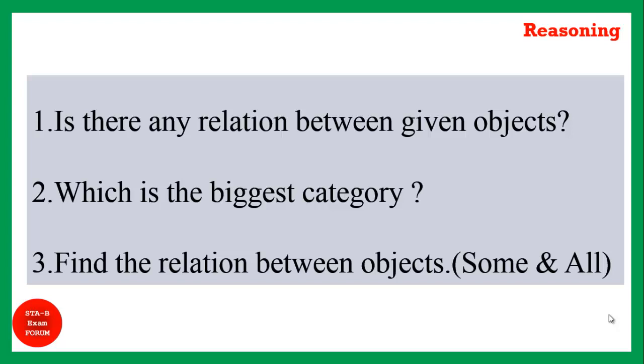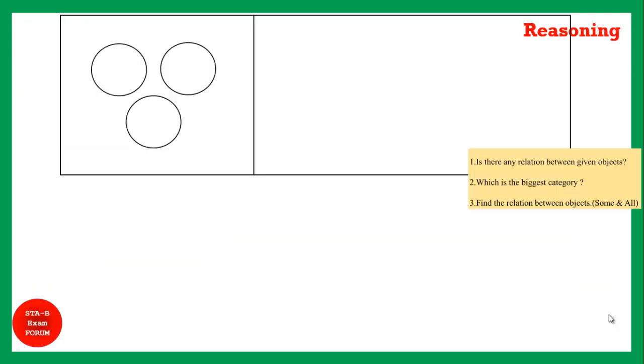After that, you have to see the relationship between the remaining objects. It can be either in the form of some or all. So I will show you the 10 categories, with which you will be able to answer each and every question if it comes in an exam. So let's see category number 1.